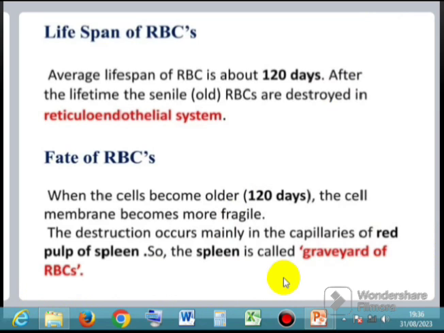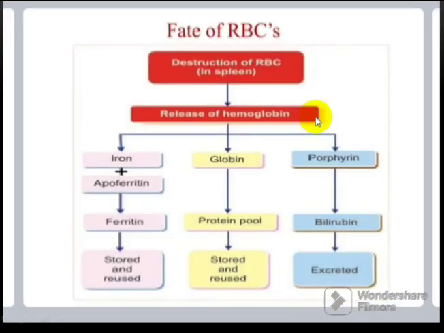And this destruction mainly occurs in the capillaries of the red pulp of the spleen. The spleen is one of the major organs where the destruction of red blood cells occurs. So it is also called the graveyard of red blood cells.